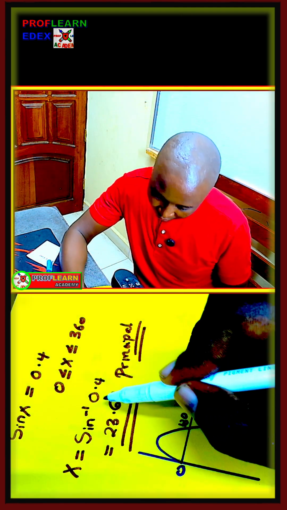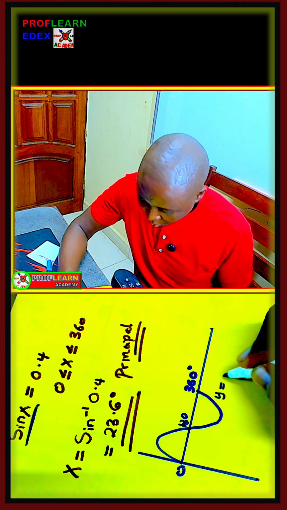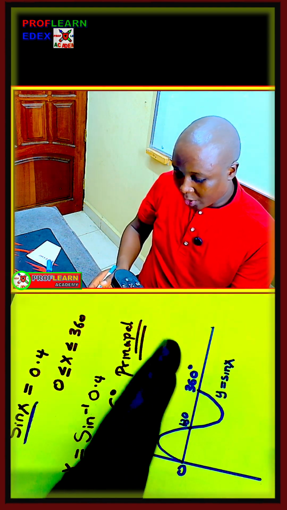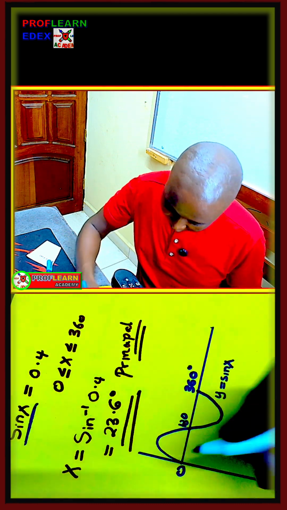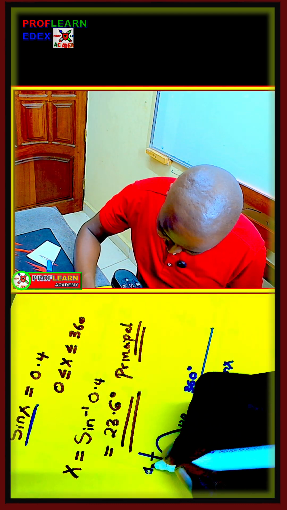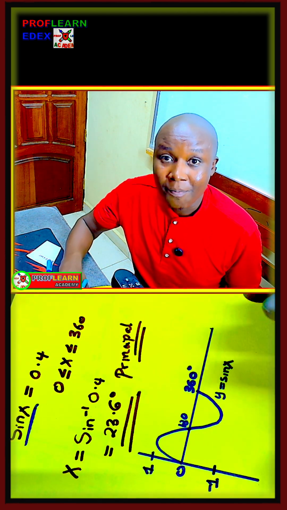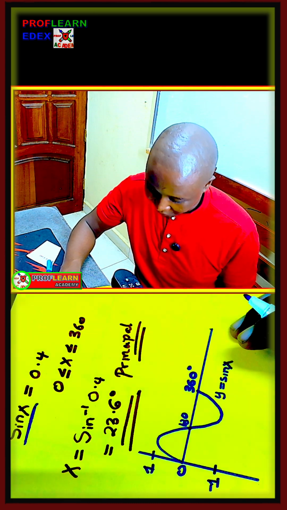The graph we have here is y equals sine x, and sine x goes up to 1 and its lowest point is -1. This is 1 and this is -1, and this is what is called the range of these trigonometric functions, the sine graphs.